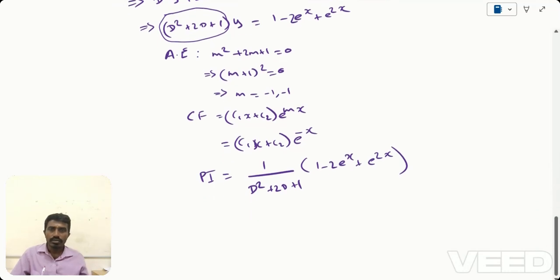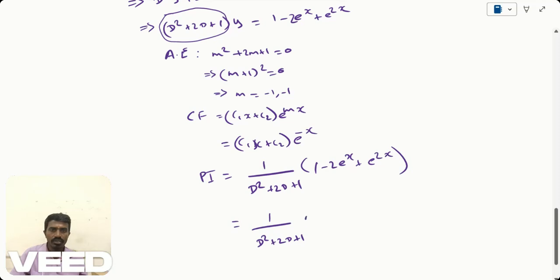So this can also be written as 1 by (D square plus 2D plus 1) into 1, minus 1 by (D square minus 2D plus 1) into 2e power x, plus 1 divided by (D square minus 2D plus 1) into e power 2x.